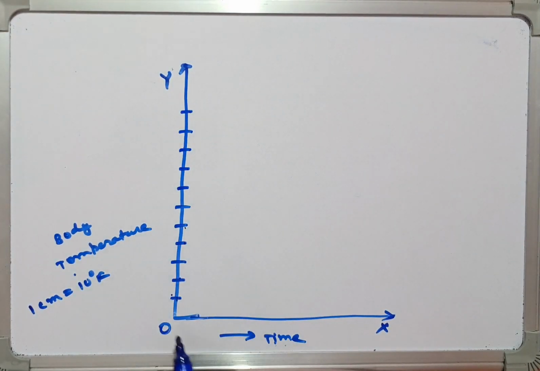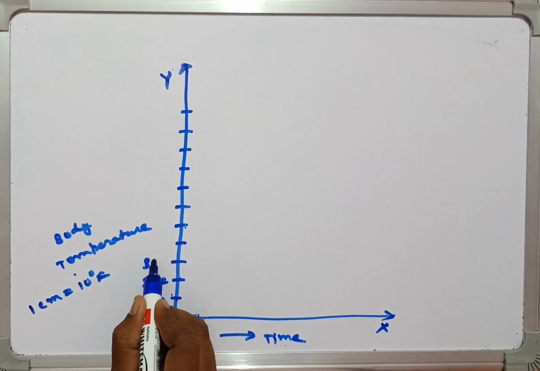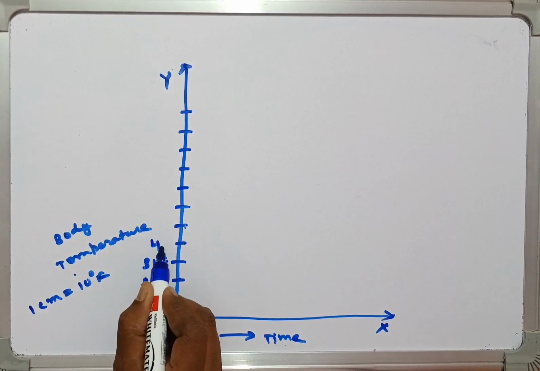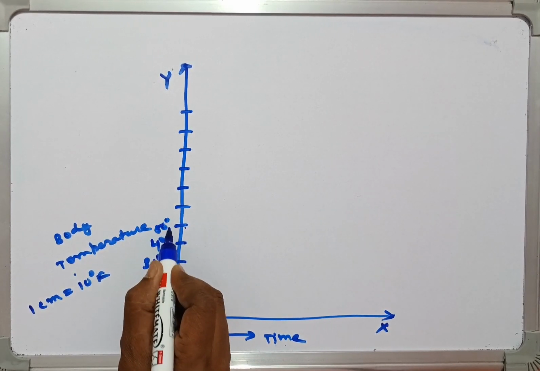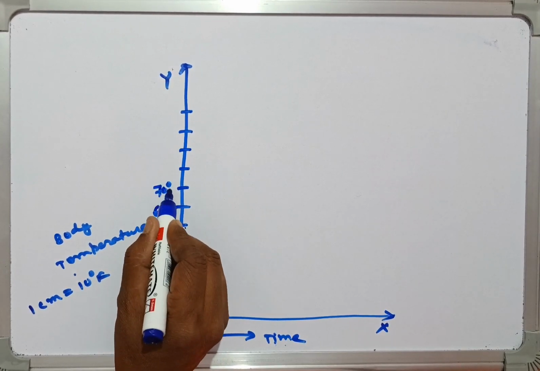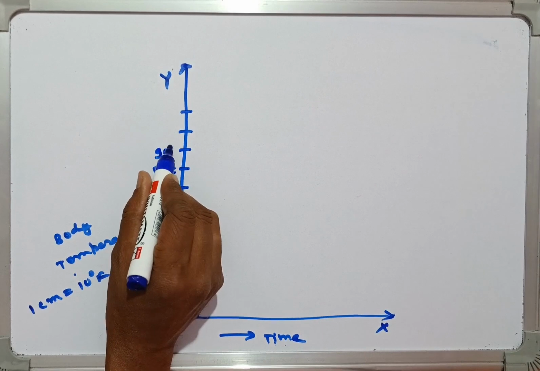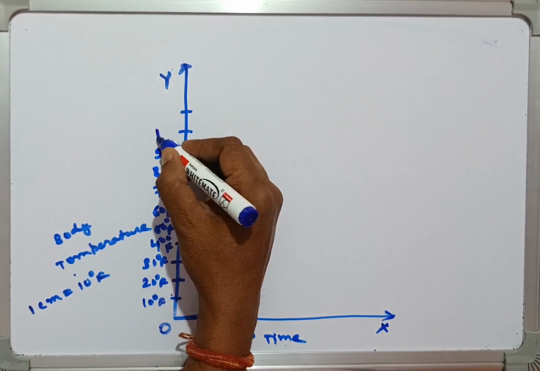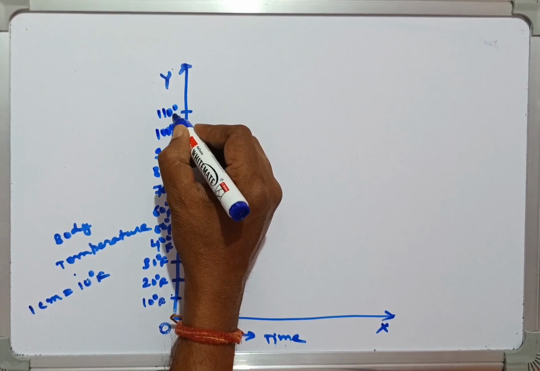This one is 10 degree Fahrenheit, this one is 20 degree, 30, 40, 50, 60, 70, 80, 90 degree Fahrenheit, then 100 degree Fahrenheit. Now this one is 110 degree Fahrenheit.